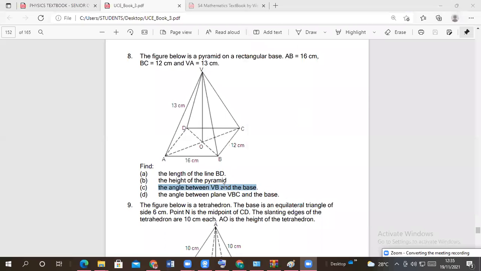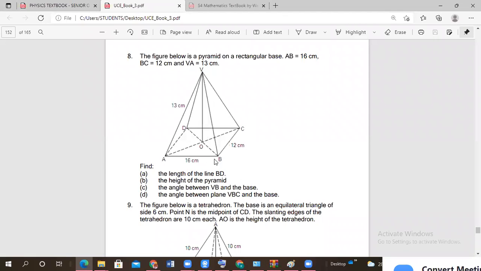To find the length of BD, from B to D, she had to use the triangle ABD, the triangle on the base. That triangle is what you're supposed to use.